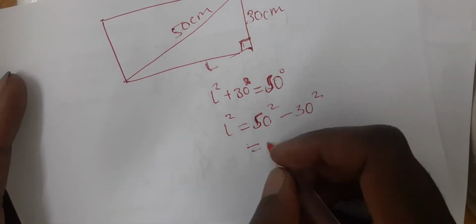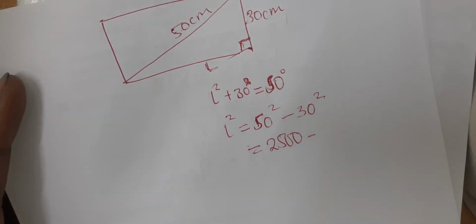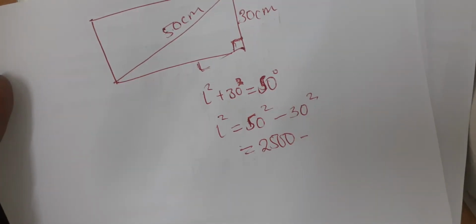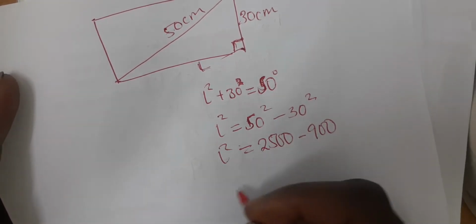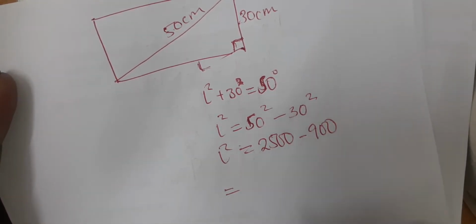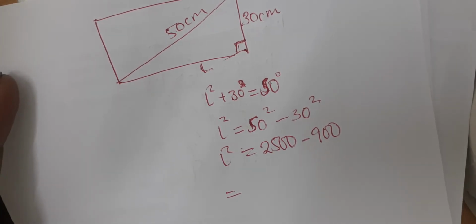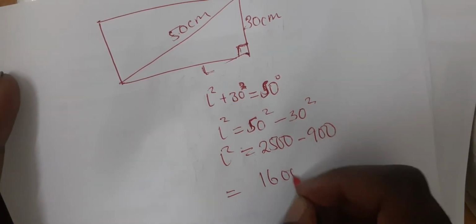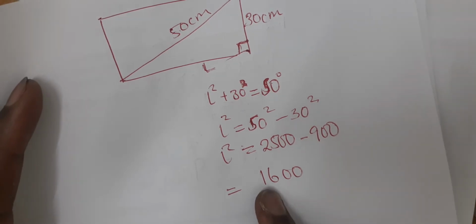So 50 squared is going to give us 2500, minus, what do we get? I think 30 squared is going to give us 900, isn't it? Then we subtract. What are we getting? This is going to give us 1600.